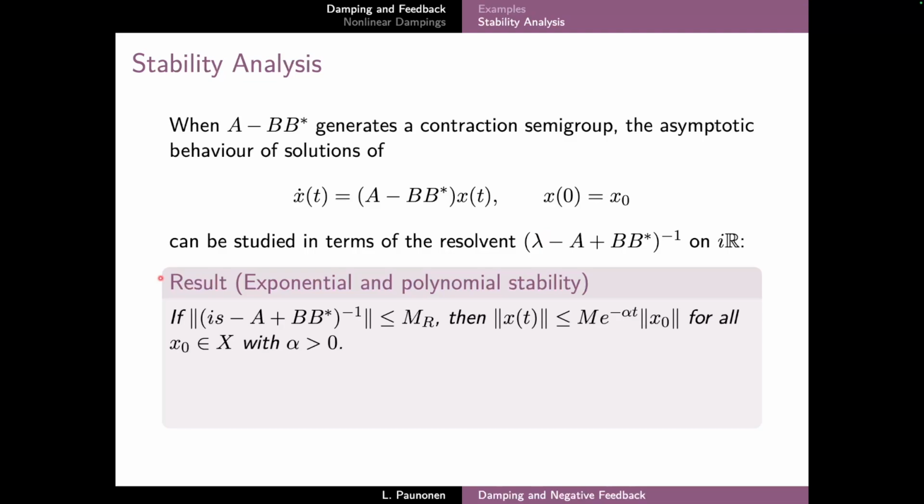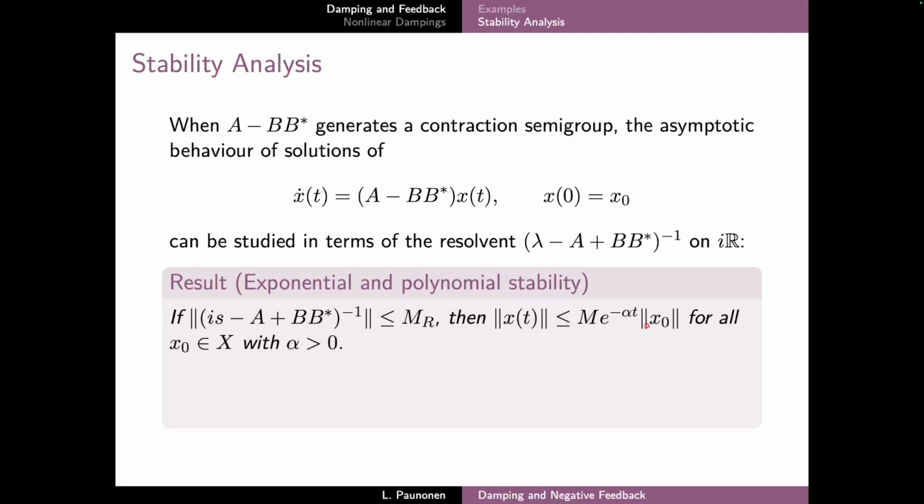And the classical result of Gearhart, Greiner, and Prüss states that if the resolvent operator of A minus BB star exists and is uniformly bounded on the imaginary axis, then our equation is actually exponentially stable, and therefore all solutions of the equation decay to zero as t goes to infinity, and this happens at a uniform exponential rate.